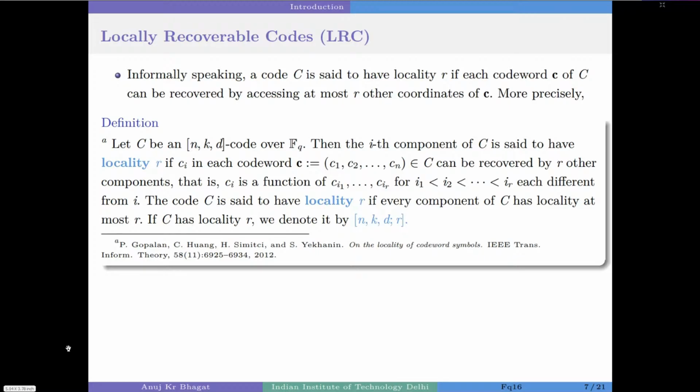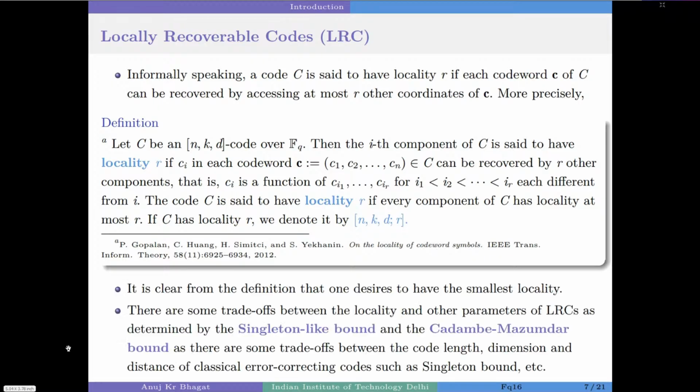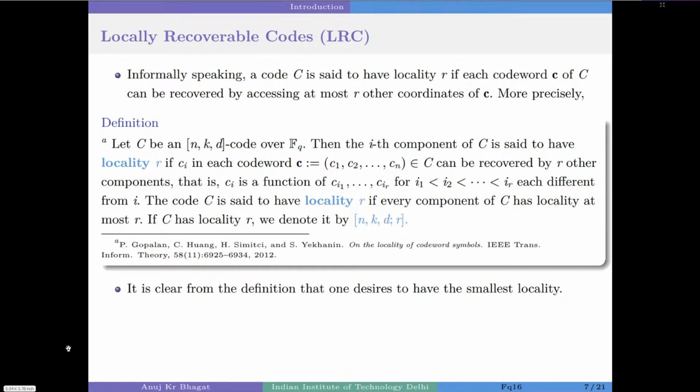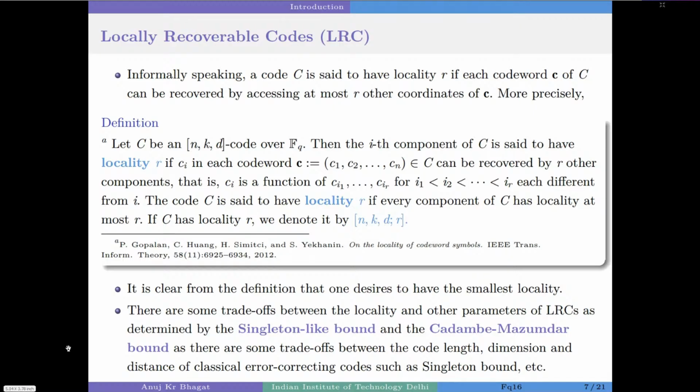If we know the locality of a linear code, we denote it by (n,k,d,r), where r denotes the locality. It is clear from the definition that one desires to have the smallest locality, because we want to recover a component of a codeword from other components, and we want to use the least number of components, and we have some trade-offs.